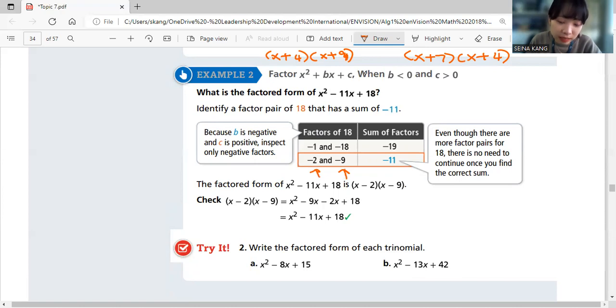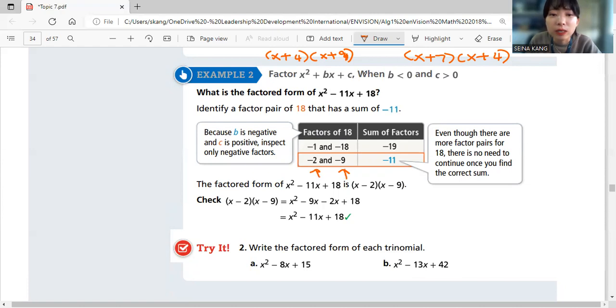Because b is negative and c is positive. In order for you to multiply to get a positive 18, you have to have negative times a negative, right? So you're looking at two negative factors that add up to a negative number. They can't be positive because they have to add up to a negative number, right?